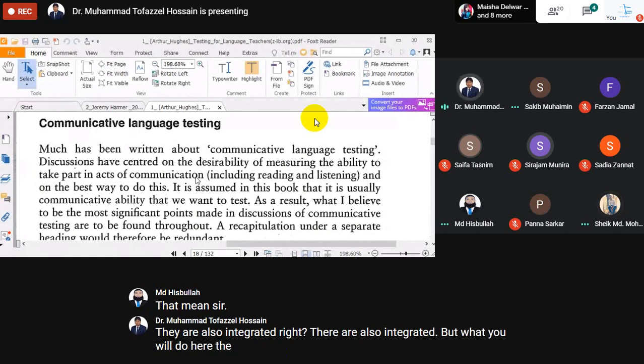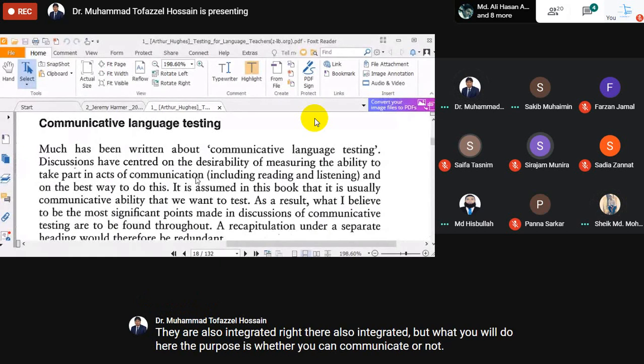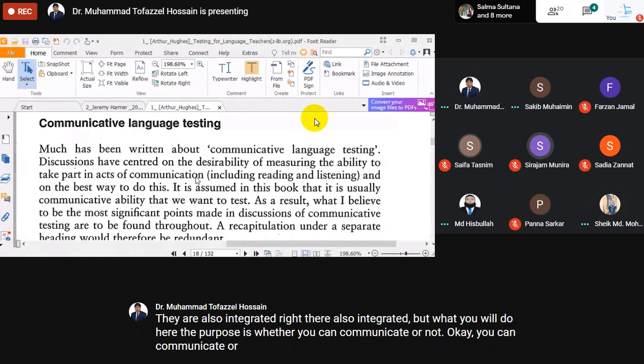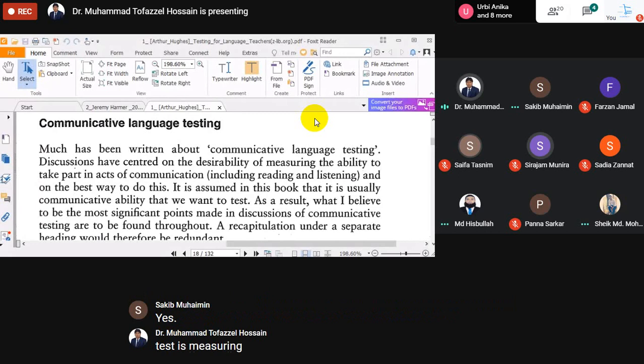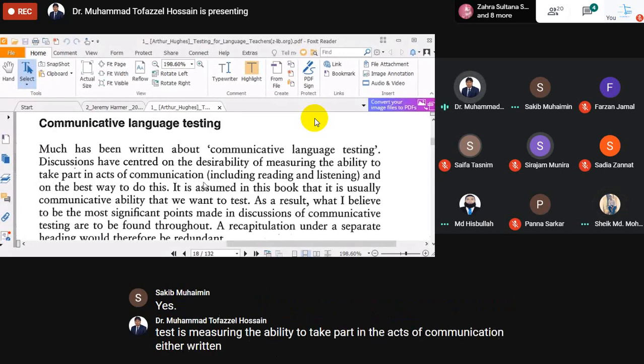Here the purpose is whether you can communicate or not. Because the main purpose of this test is measuring the ability to take part in the acts of communication, either written communication or oral communication. If you can communicate, that's all right.